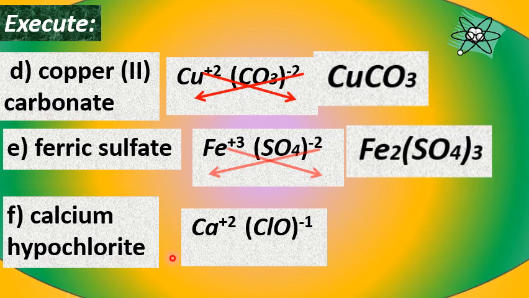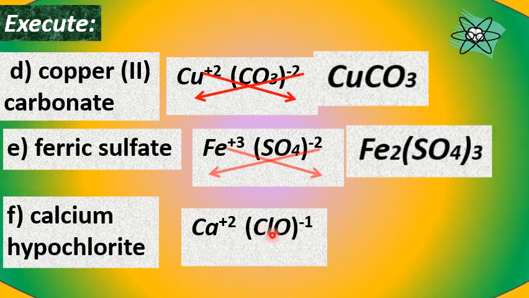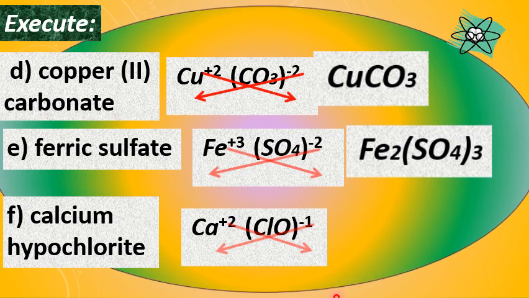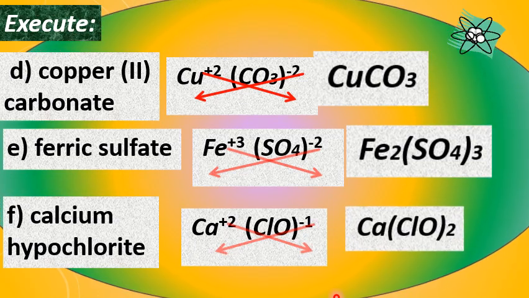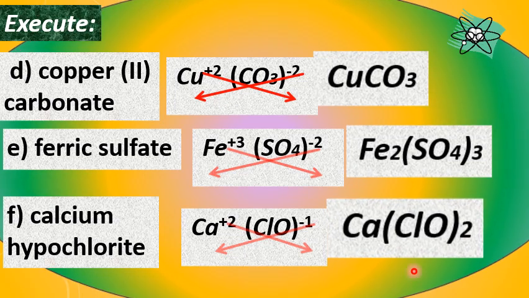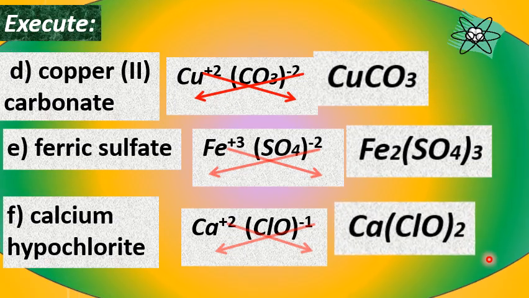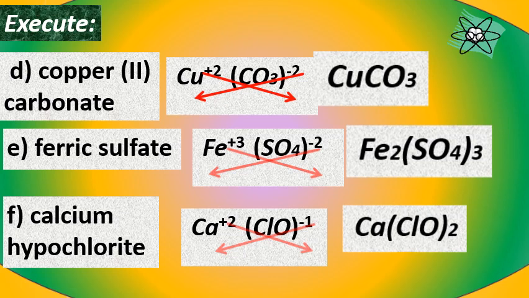The formula of hypochlorite is ClO, which when crisscrossed, we will come up with the formula for calcium hypochlorite written as Ca(ClO)2.